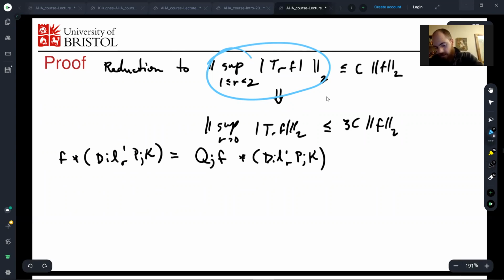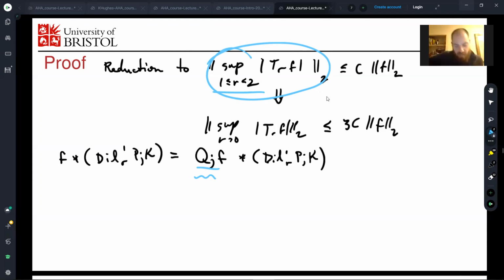We get in this extra little Paley projection by the same reasoning as before. If I just look at the Fourier transform of both sides, then this QJ is multiplying by 1 in the appropriate region. And there's a J here and not a shift like J plus K because I've just reduced to this range of radii.